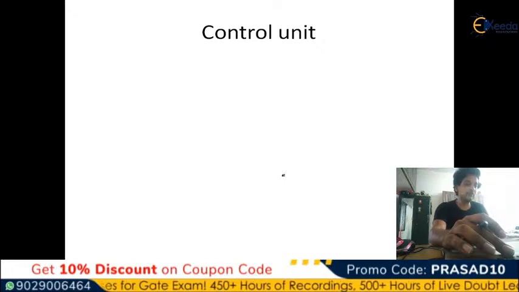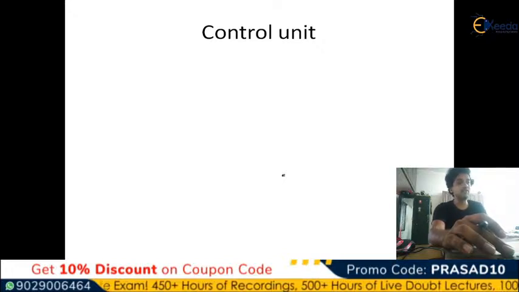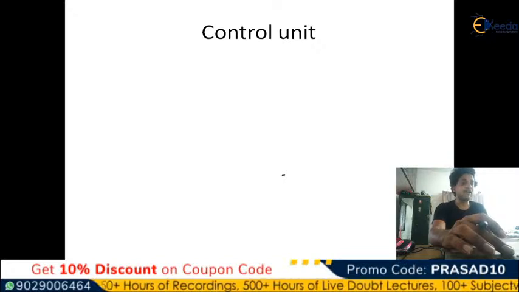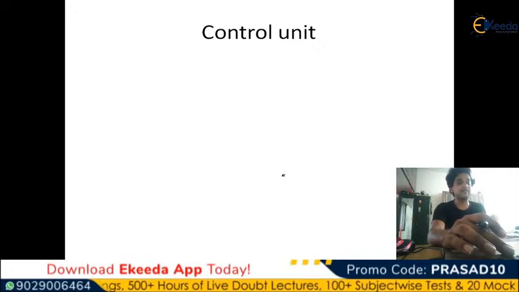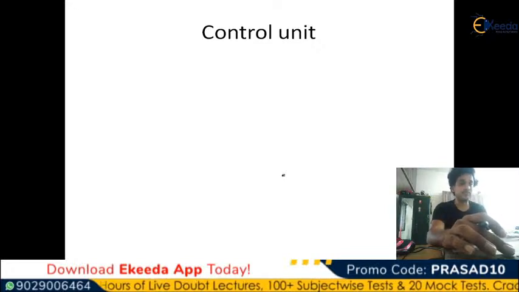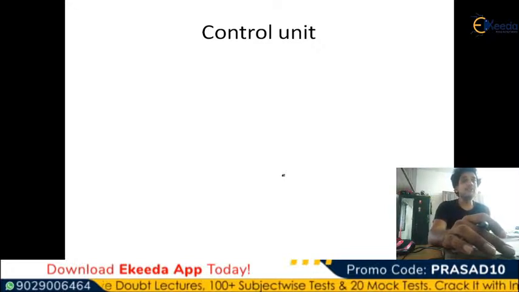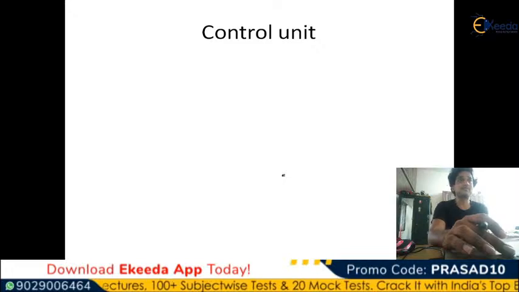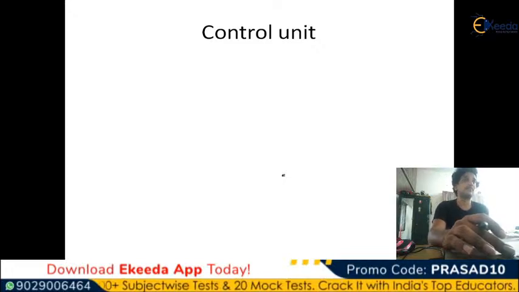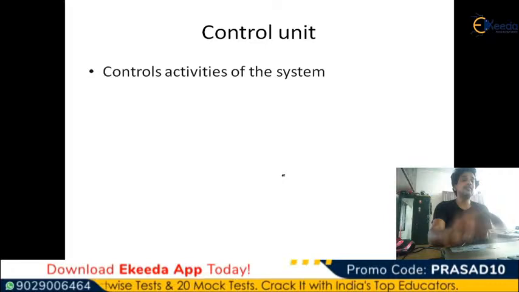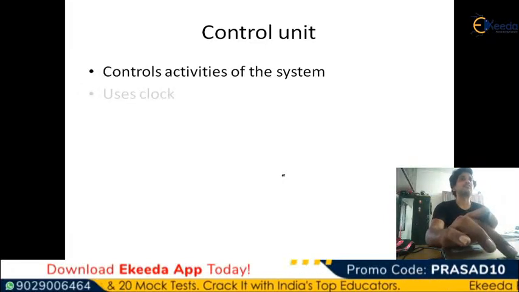In the CPU, we have a register set, a control unit and an ALU. Of course, a main memory is available within the computer system. So this control unit is going to synchronize all these components. This controls the total activities of the system.